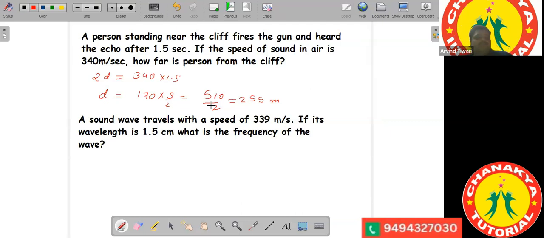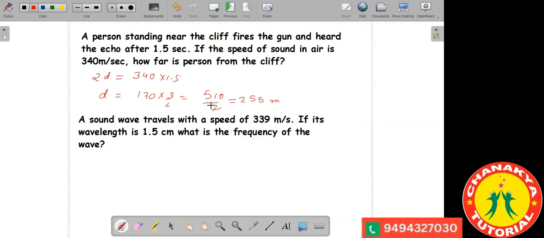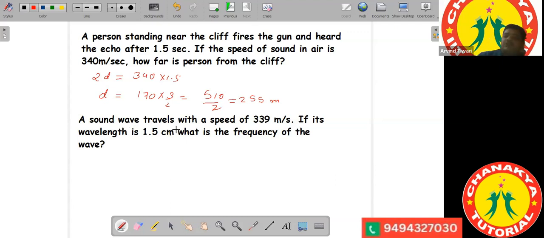A sound wave travels with a speed of 339 meter per second. So can I write from here that the speed of the sound wave is equal to 339 meter per second?